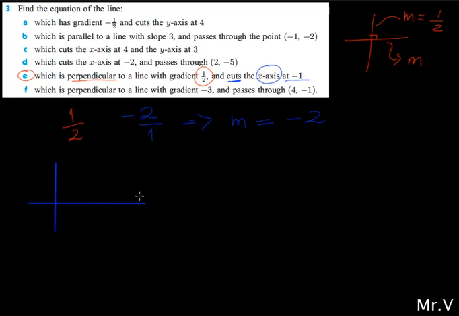This is my x-axis, and it cuts it here at -1. So if it cut it, that means that the line crosses this point. I know, because my slope is negative, it has to look like this, has to have that direction.